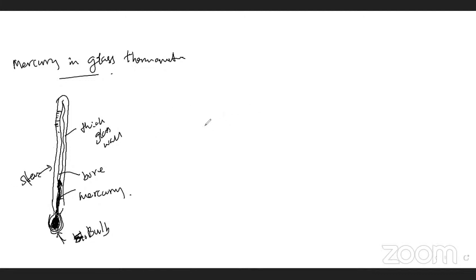Those are the parts of this thermometer. Here the capillary has a uniform cross section. Then we measure the thermometric property. X means the volume of the mercury.